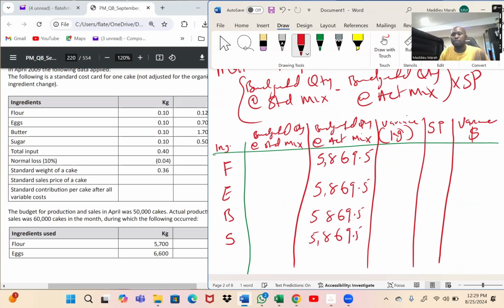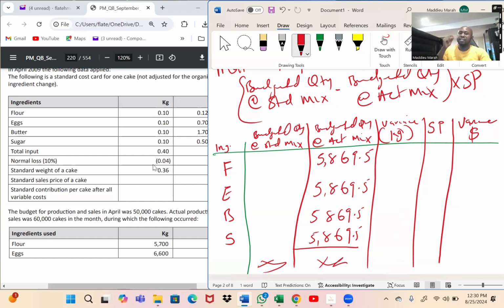For yield variance, we don't need the total. In the previous mix variance, I worried about the total, but for this one, it's not necessary.